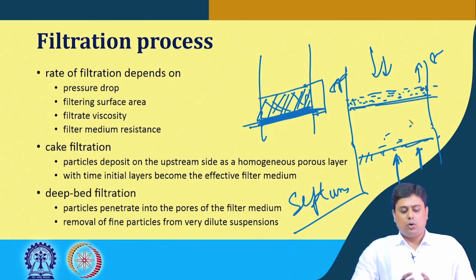Therefore, these are the pre and post processes that are typically done in filtration, and they help either to have effective filtration, or after the whole process, to recover the filter media.